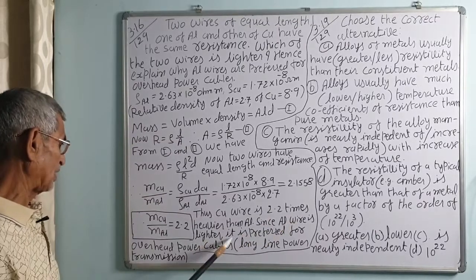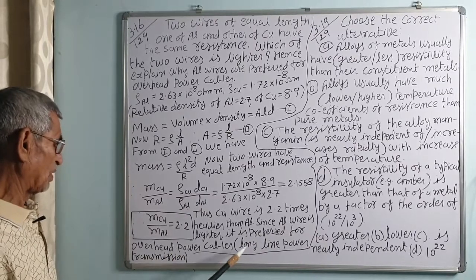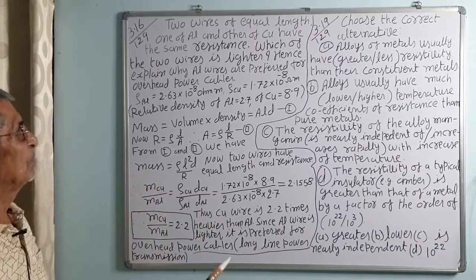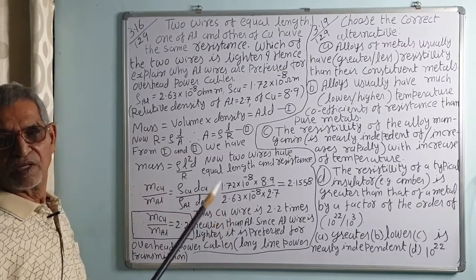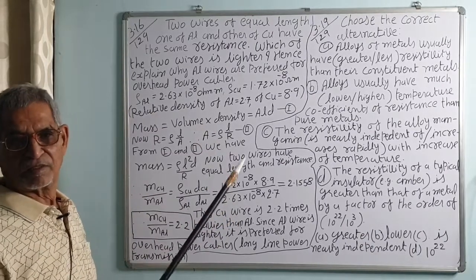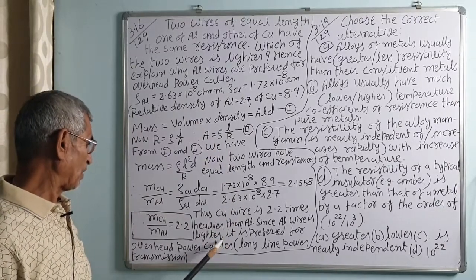Since aluminum wire is lighter, it is preferred for overhead power cable, long line power transmission. Aluminum is lighter, and it decreases the cost of installation of the plant also.